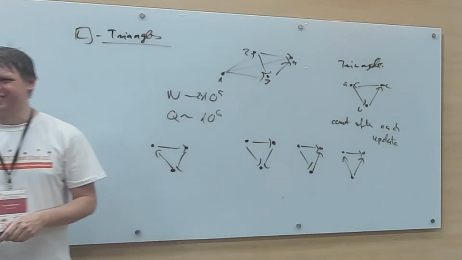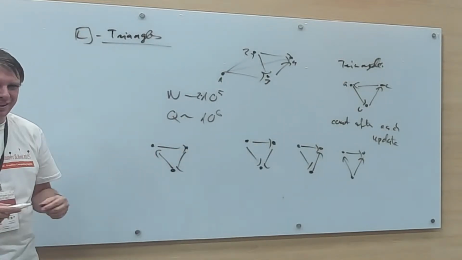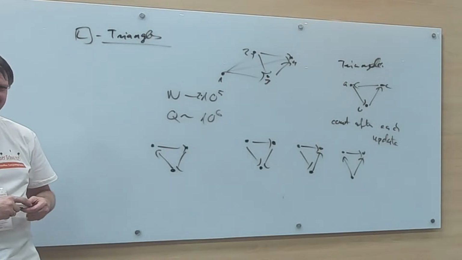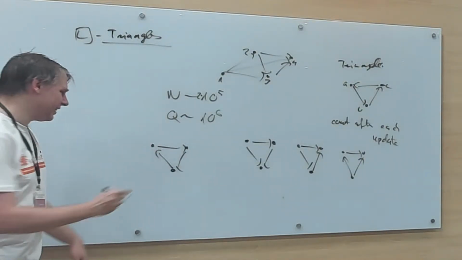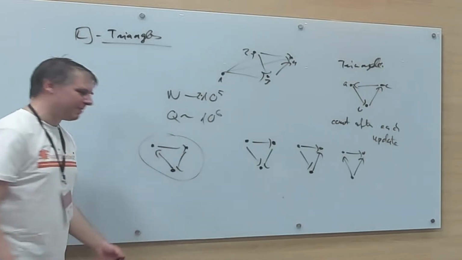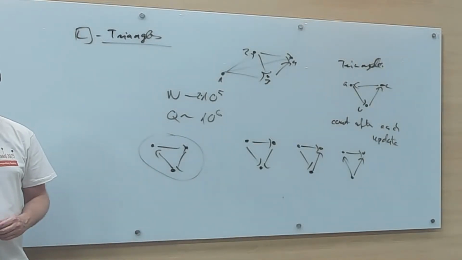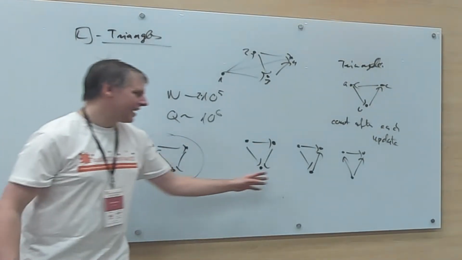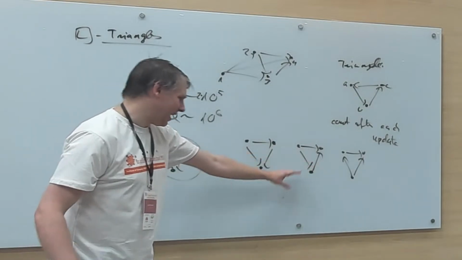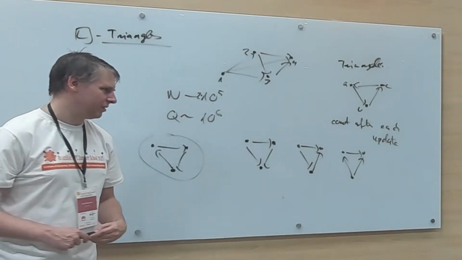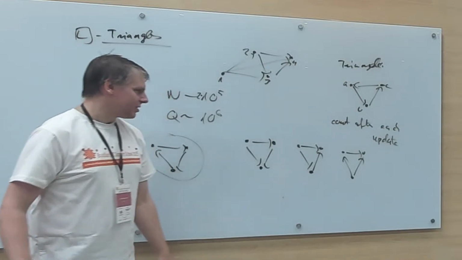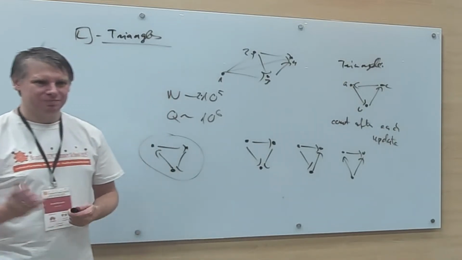Okay, I'm not going to draw all 8, but it's obvious that you only have 8 configurations for any triplet. Out of these triplets, this is obviously a triangle, and these are the other 3 states, which are the mirror image of the last 3 I haven't drawn on the blackboard. So we need to come up with an observation.